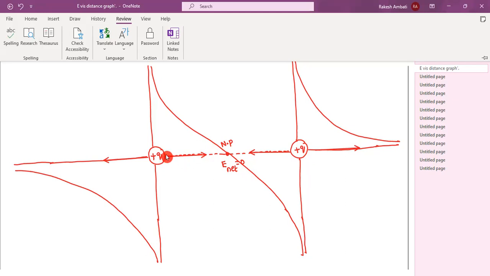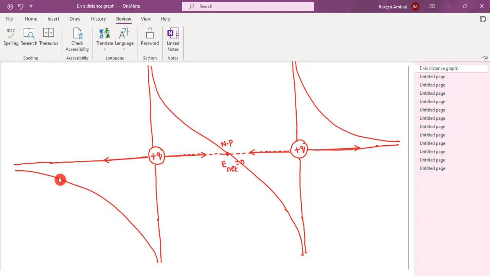If the electric field is in the positive direction, we draw the intensity graph on the positive side. If intensity is in the negative direction, we draw it on the negative side.